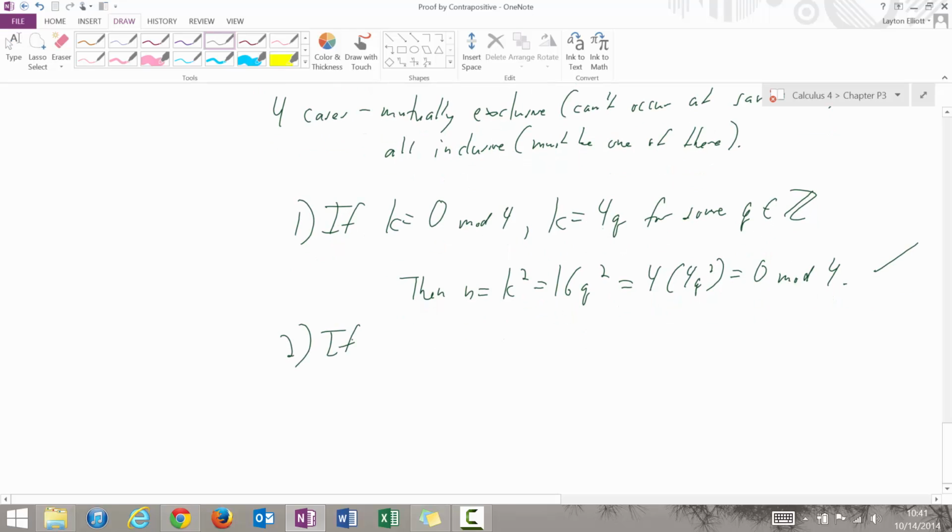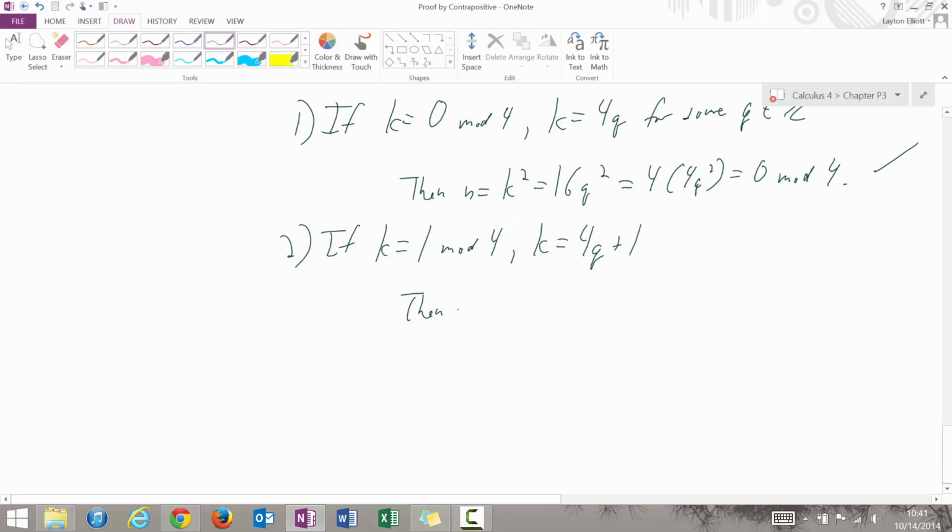Then we have if k is equal to 2 would be easy, but let's go ahead and do 1 mod 4. Then we know that k is equal to 4 times a number plus 1. It's one more than a multiple of 4.